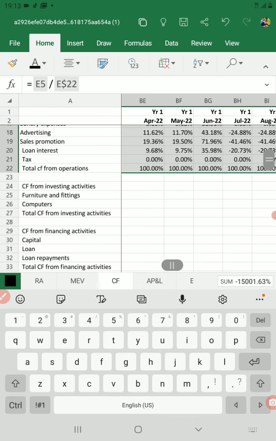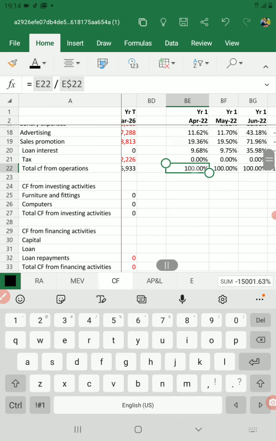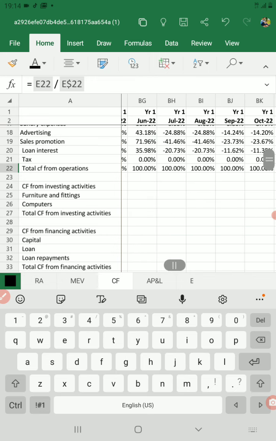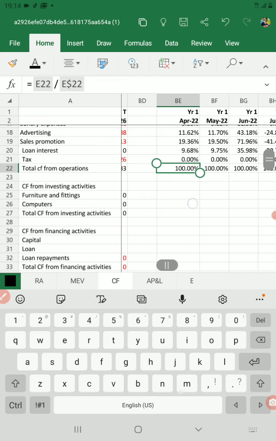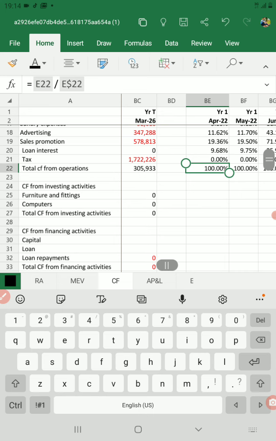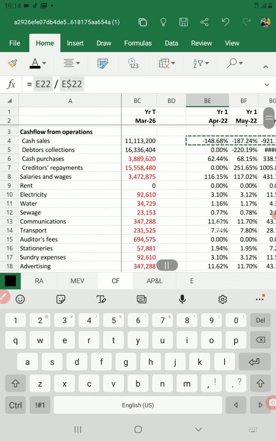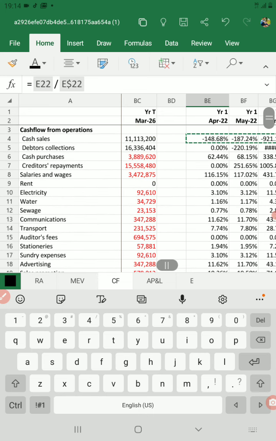So we see that total cash flow from operations is 100% because this is the base figure, okay? And the rest are assuming percentage. Now, cash sales, as you can see here, is negative 148.68%.